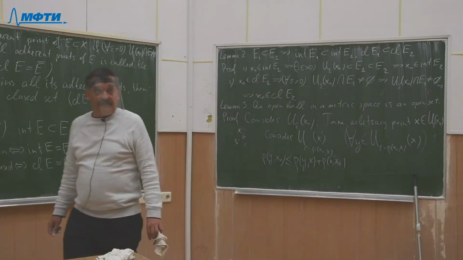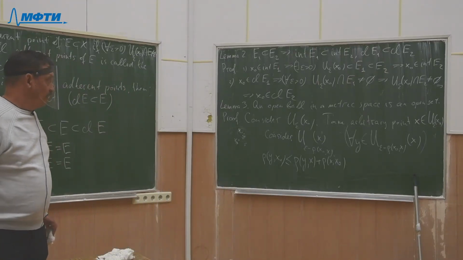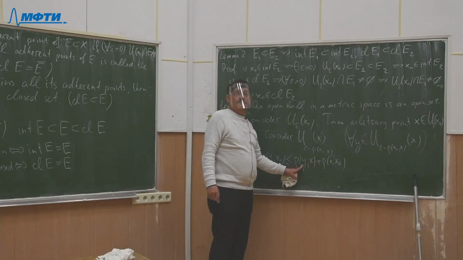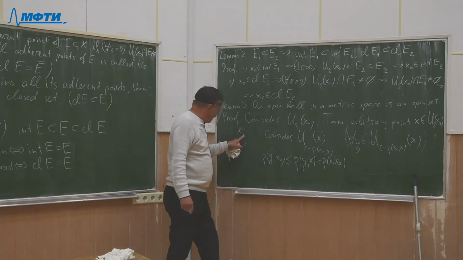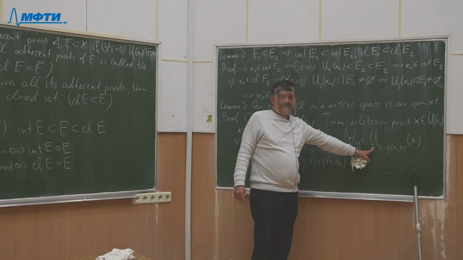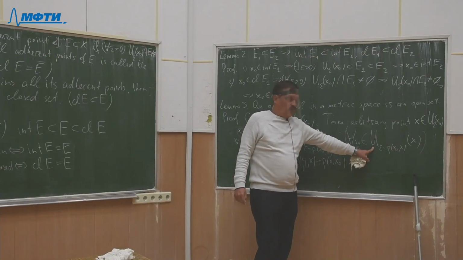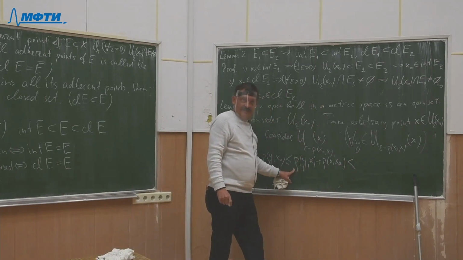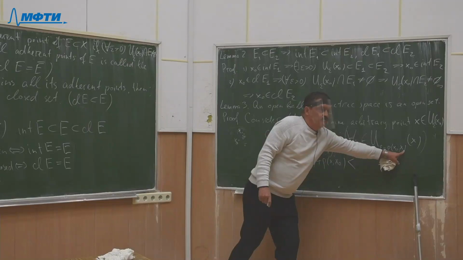That is triangle inequality. Now, what can we say about this distance? We know y is a point of our open ball. By the definition of the open ball, this distance is strictly less than what? Than the radius, right?